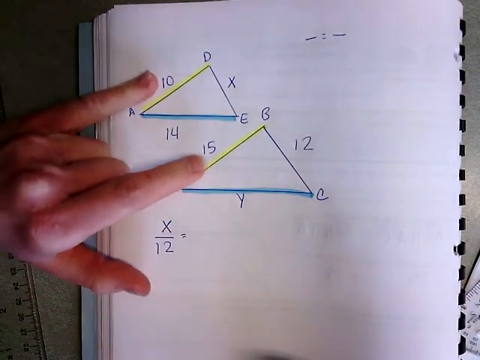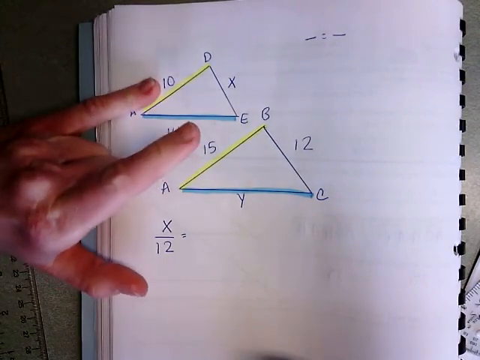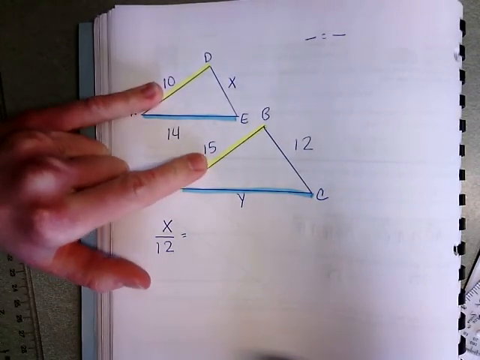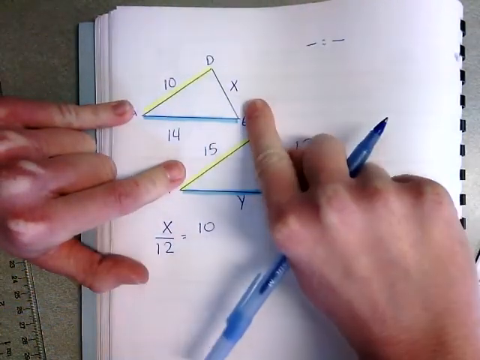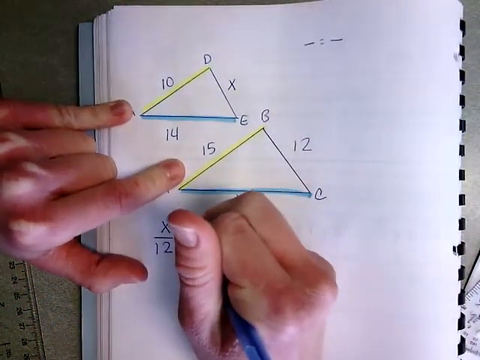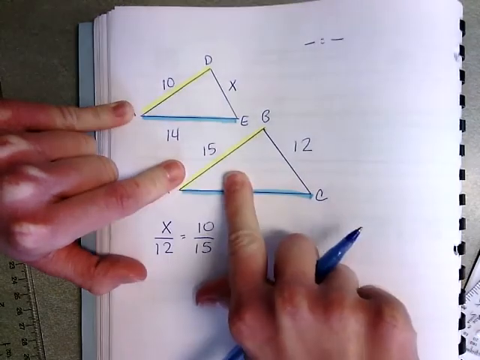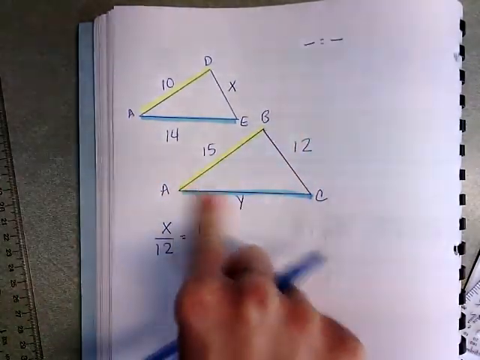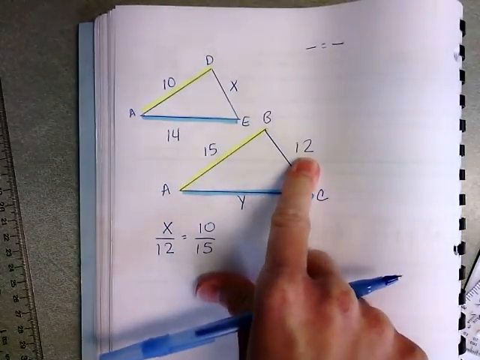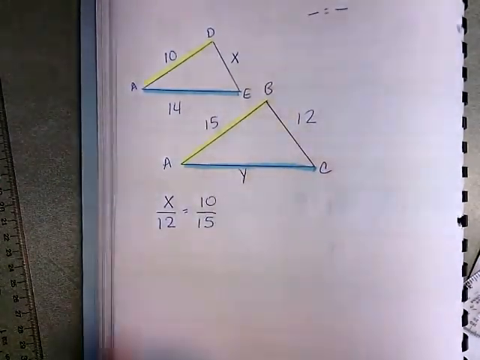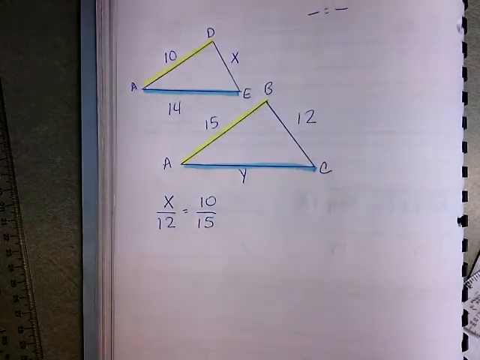I'm given the lengths of these two sides, so I'm going to use them. I'm going to put 10 on top because it's part of the same triangle that x is a part of, and 15 on the bottom because it's part of the same triangle that 12 is a part of. So I have x over 12 is equal to 10 over 15.